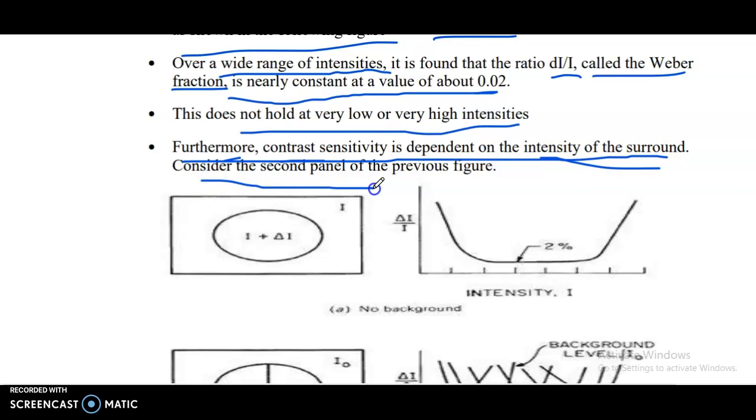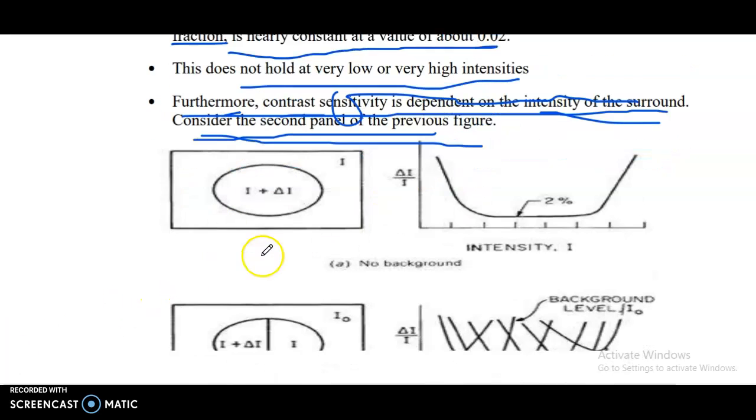Consider the second panel of the previous figure.